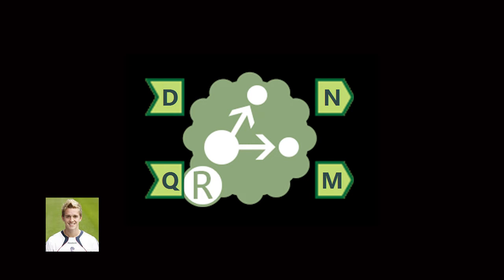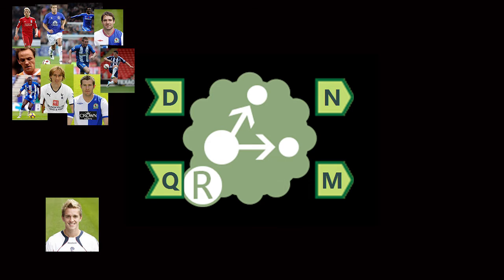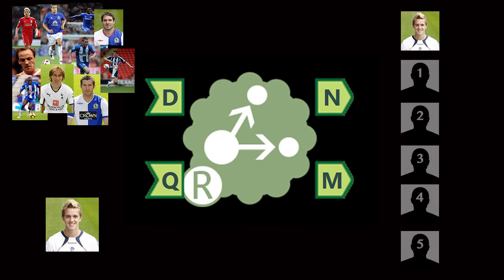So in this example, our query stream is going to consist of performance data related to Stuart Holden, and our data stream is going to be of other centre or defensive midfielders in the Premier League during the 2010-11 season. Therefore, our output will provide us with those players who closely match Stuart Holden based upon the performance metrics we will be using.